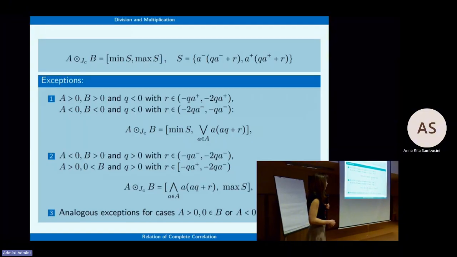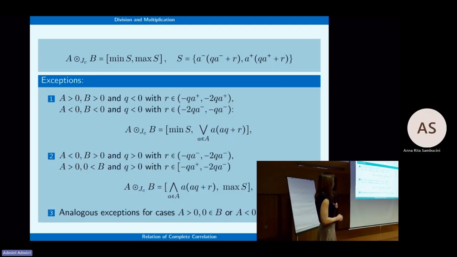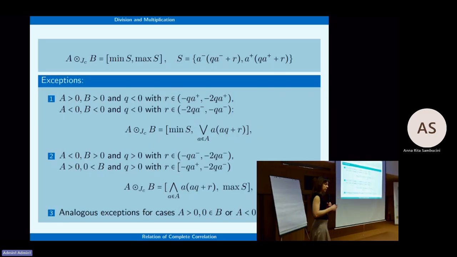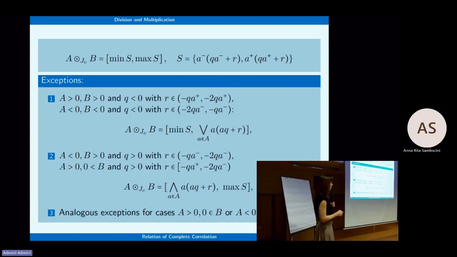Here are the exceptions. In particular cases, for example, when we have two intervals which are both positive or negative, and for these particular parameters, we cannot derive one border of the interval directly from the borders of intervals A and B, because it's not so straightforward.